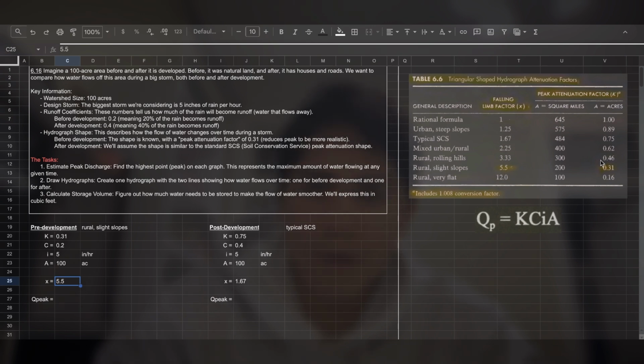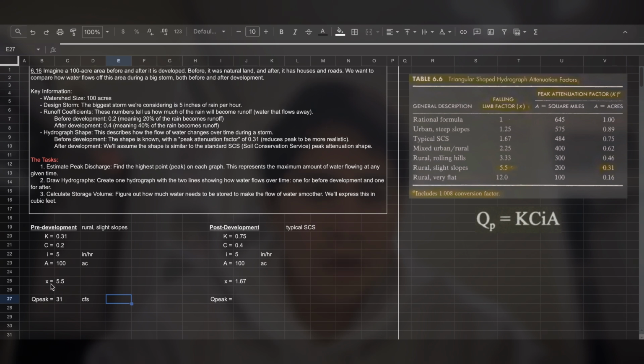Now all we need to do to find the Q peak is multiply K times C times I times A. So let's do that. Q equals K times C times I times A, and it gives us, in CFS, 31 CFS.